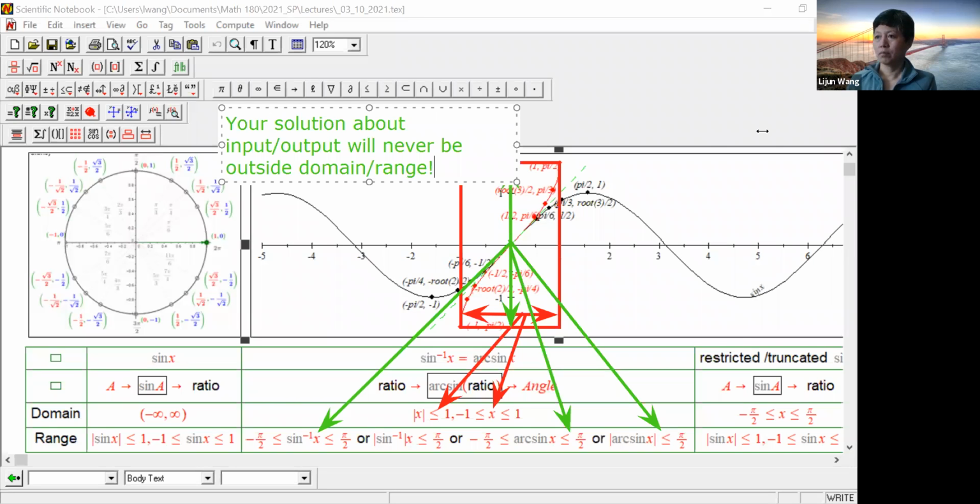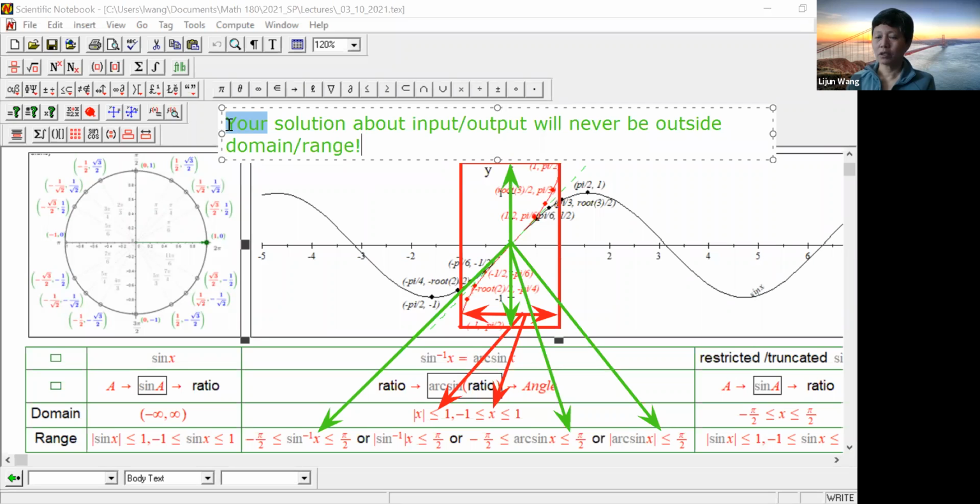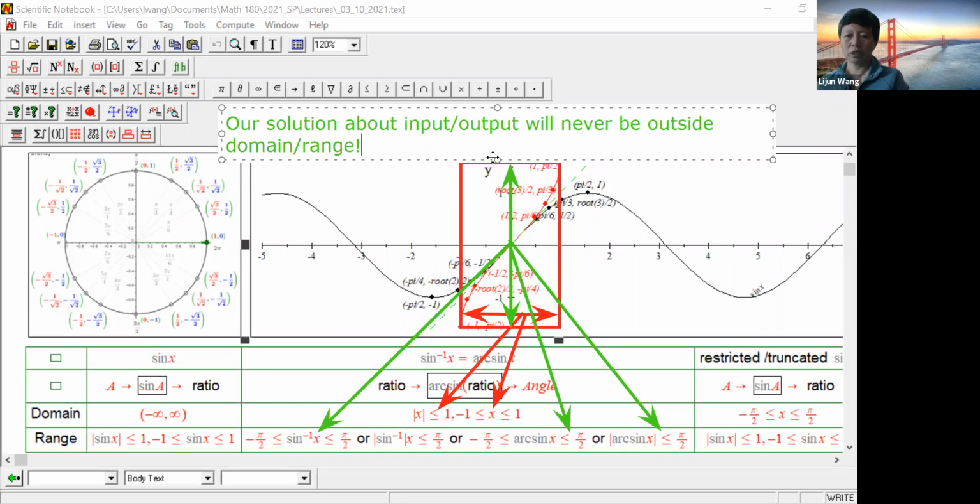Our solution, your solution, my solution, about input and output. Sometimes we're given input and looking for output. The output will never be outside the range. Sometimes the output is given, and we're looking for input. The input will never be outside the domain.